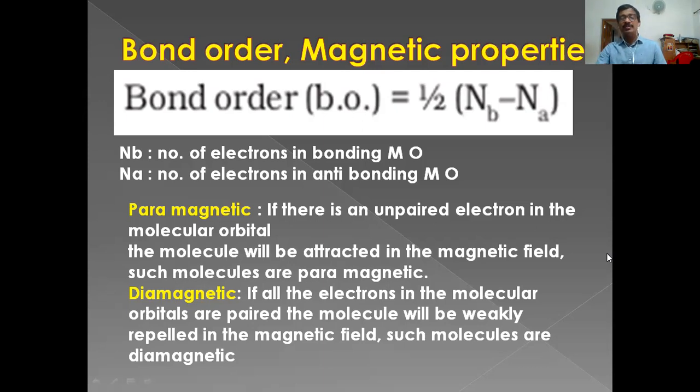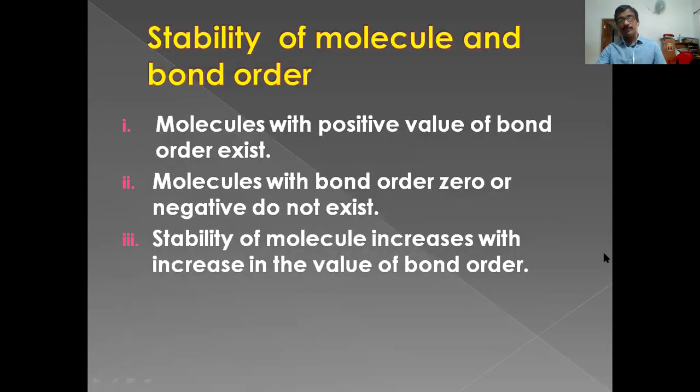Now, what is the relationship between stability and bond order? Molecules with a positive value of bond order exist. Molecules with bond order 0 or negative do not exist. If the bond order is 0 or negative, we can say that the molecule will not exist. The molecule will exist only if it has a positive value of bond order.